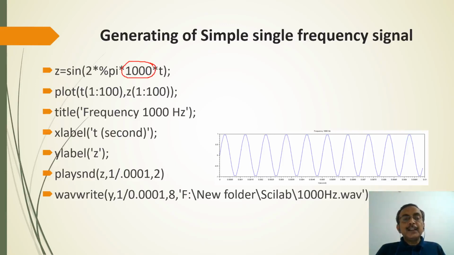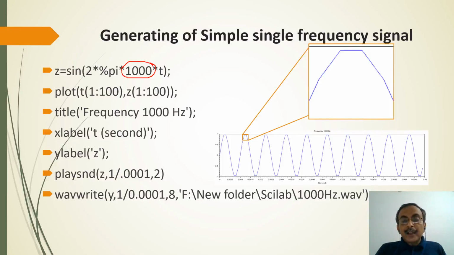1000 hertz signal, and then we plot, what we find is that at the peak or at the bottom over here, the signal is not having a smooth transition.